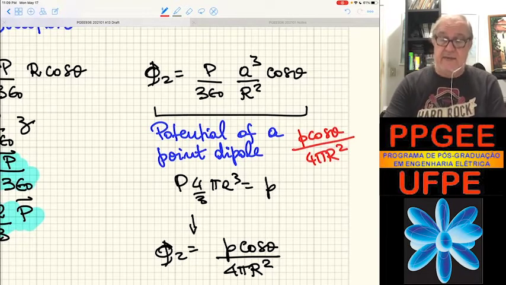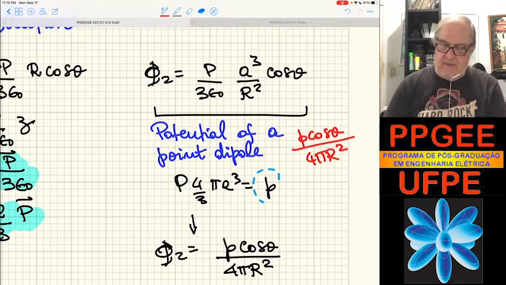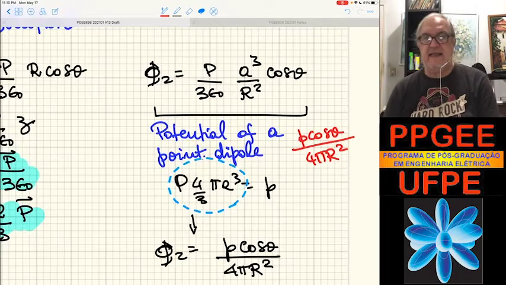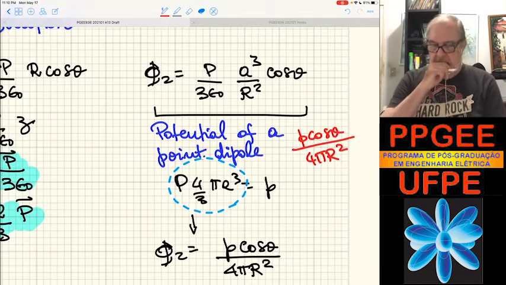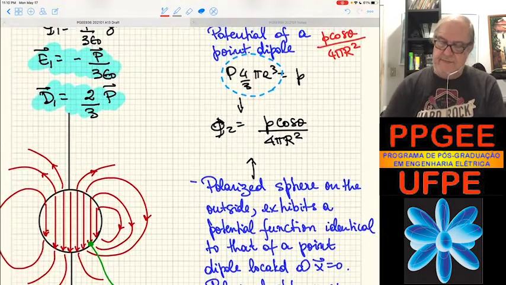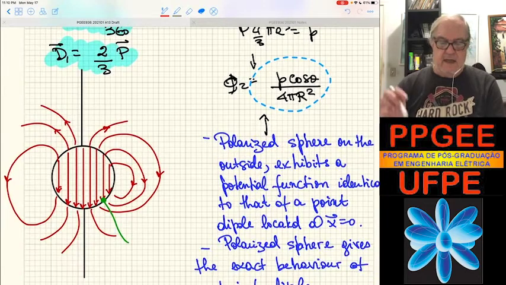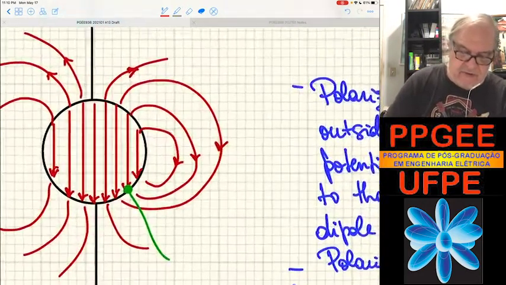Then you can calculate P, and in fact, it's going to be the polarization times the volume, right? Polarization is dipole moment per unit volume. So the dipole moment is exactly that. So the field of the sphere, the potential outside, is given by that. So that's the field configuration.